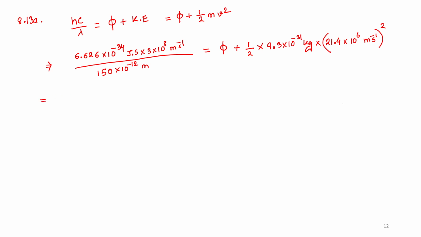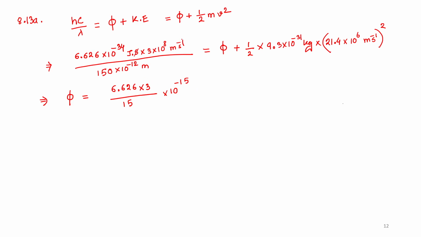So let us go to the next step. So phi, the binding energy, is going to be 6.626 into 3 divided by 1.5, with 10 to the minus 34, 10 to the minus 26, becoming 10 to the minus 26, 10 to the minus 27, into 10 to the minus 15.